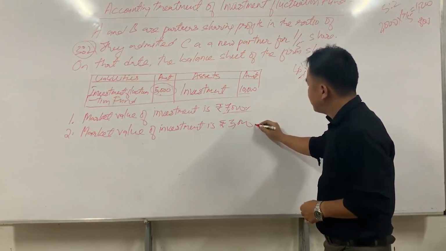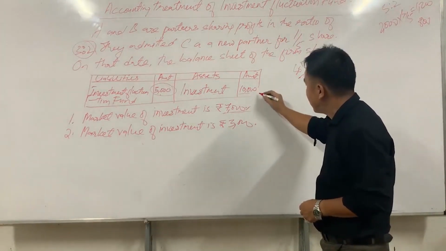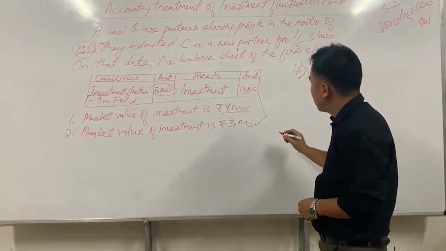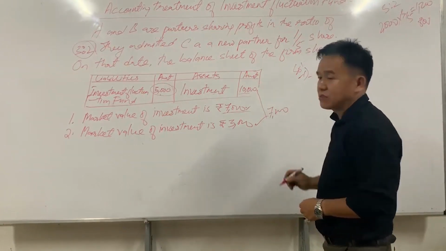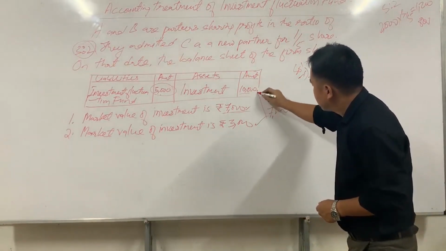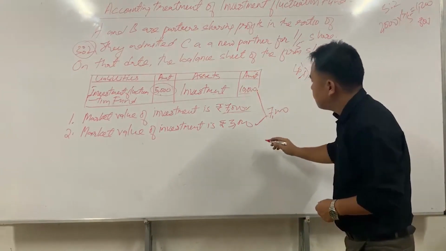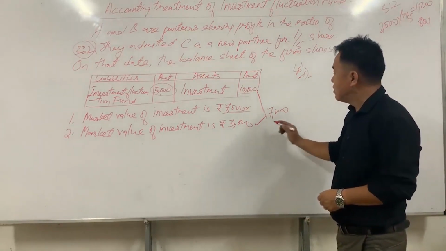Since market value is 3,000 and book value is 10,000, there is a loss of 7,000 due to fall in the market value of investment.